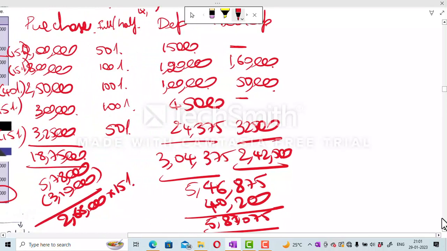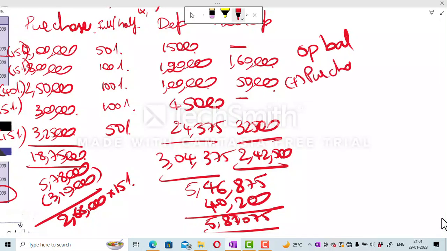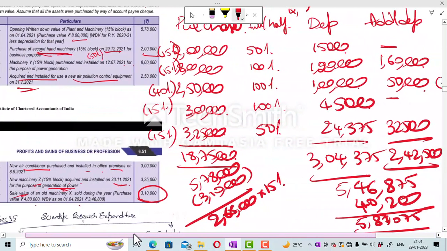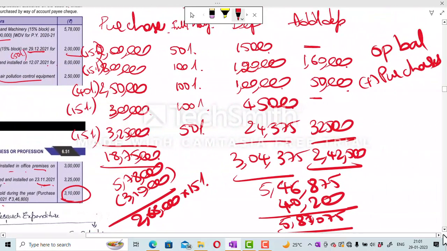I have shown more now. Opening balance plus purchases. See, what is the opening balance? 5,78,000.